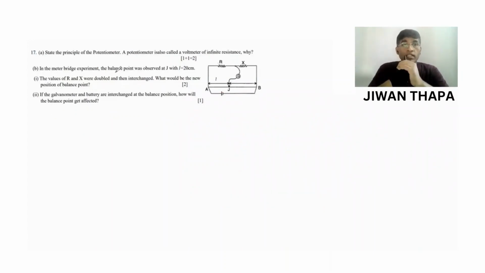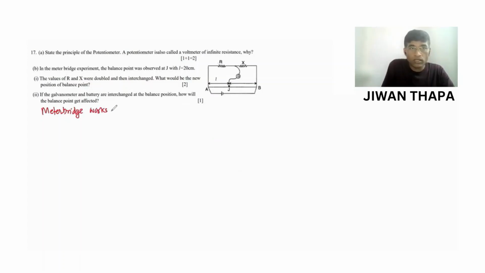Question 17b. In the meter bridge experiment, the balance point was observed at J with L equals 20. The value of R and X were doubled and then interchanged. What would be the new position of balance point? If the galvanometer and battery are interchanged at the balance position, how will the balance point get affected? We need to note that meter bridge works on the principle of Wheatstone bridge.